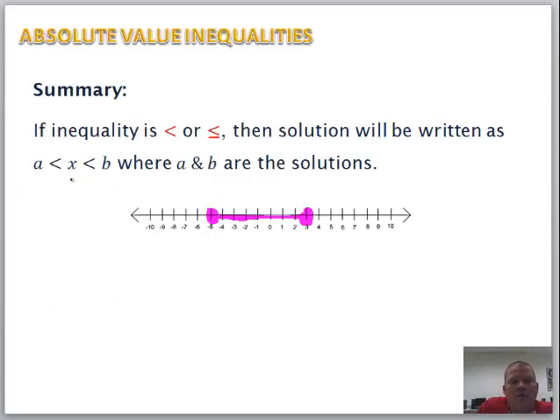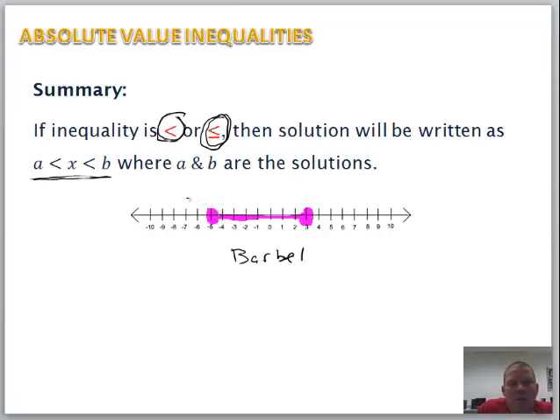Alright, so let's summarize what we have. If we have an inequality that's less than or equal to, then the solution is going to be written in this format, where A and B are those solutions you get when you solve each of them. And then you're going to have a bar, like something that looks like a barbell, as your graph. And your solutions come from the inside of that. I've got this drawn with solid dots, so that would be like the equal. If it did not have the equal in it, then those would be open dots.